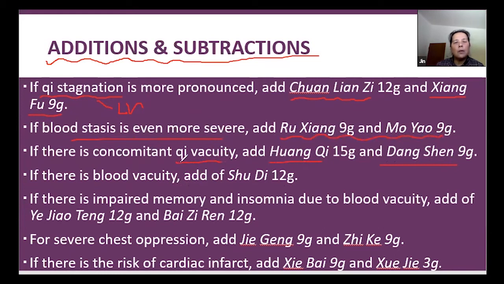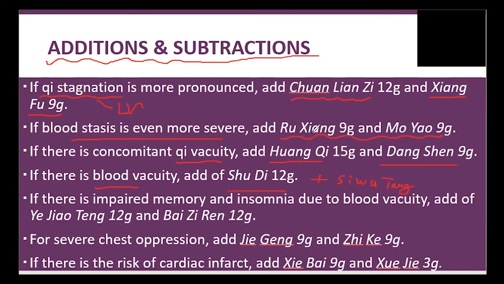From the modifications, the modified herbs here will give you a clearer idea of which herbs work for which kind of condition. For blood deficiency, we add Shu Di. Certainly we have other herbs; you can even add in Si Wu Tang: Shu Di, Bai Shao, Dang Gui, Chuan Xiong.